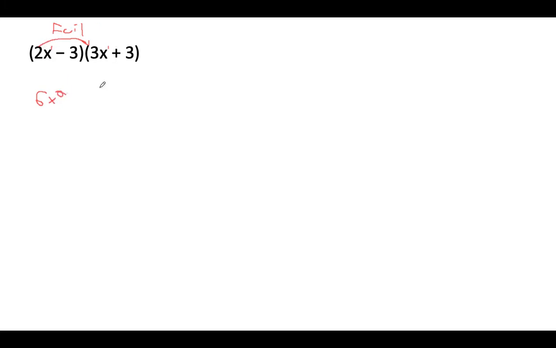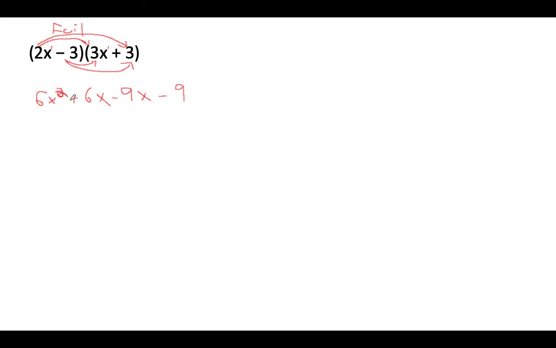Then 2x times 3, the outsides, is 6x. Negative 3 times 3x, the insides, is negative 9x. And then the lasts, negative 3 times positive 3 would be minus 9.